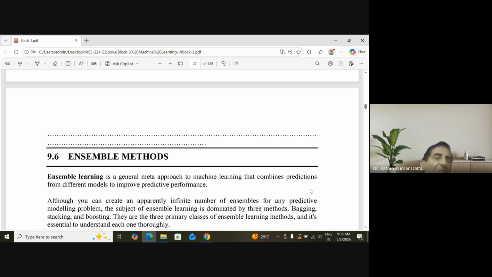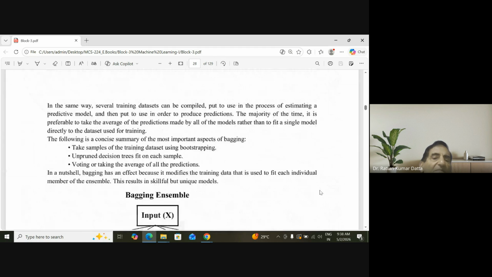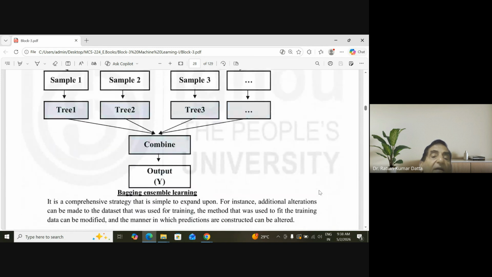So that gives you a much better forecast. So that's the ensemble model. This is input, sample 1, sample 2, sample 3, tree 1, tree 2, tree 3, and combined output. This is a bagging ensemble learning, so that you can have all the models being utilized for getting your final prediction.